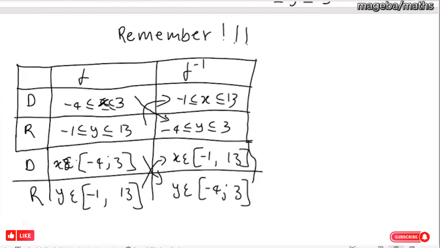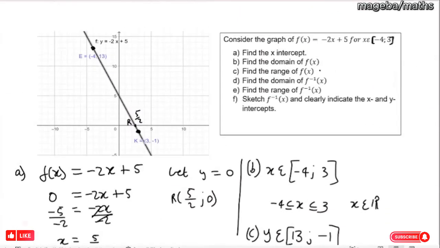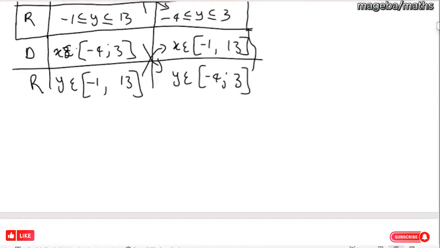So I've already answered the question that was asked here, which was finding the domain of this one, and also finding the range of this one. Now the question that follows is to sketch the inverse. Sketching the inverse, now I've just talked about the interchange of x and y.